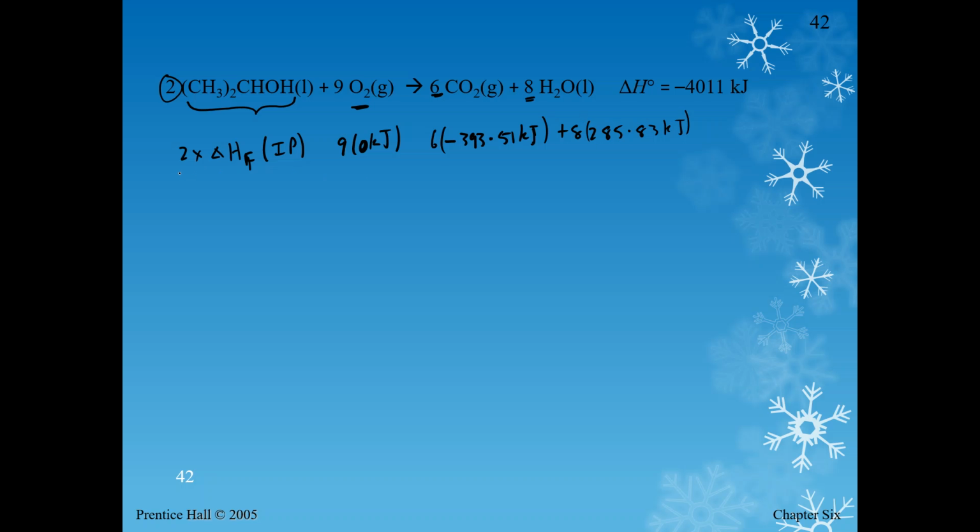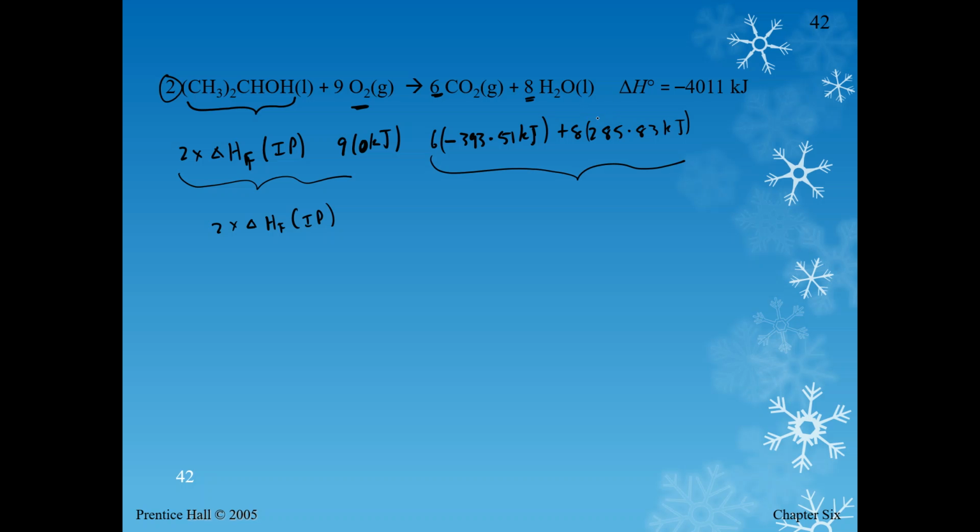And then we find the total sum of this here, which would be basically 2 times the enthalpy of formation of isopropyl alcohol. And then we have to find the sum of all of this here. So let me do that calculation here. So 393.51 with a negative sign in front of that times 6 plus 285. Oh, by the way, I think I made a mistake. Yes, I did.